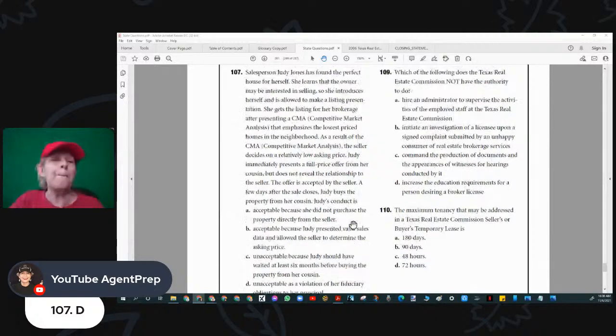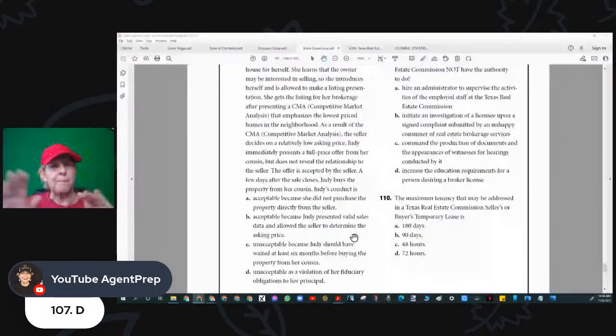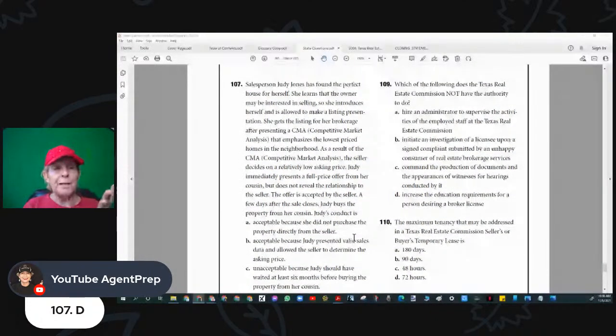When we do a competitive market analysis, competitive means we're doing active, we're doing pending, and we're doing sold within the last 3 to 6 months. If the market is moving like weekly, then in the last 30 days.